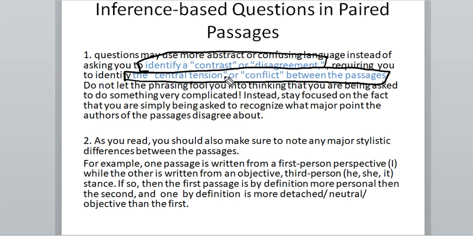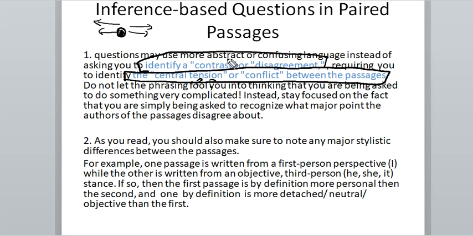However, these could be confusing, like what do we mean by central tension? Tension implies two things that are going in opposite directions. That's what we've learned in physics, right? The central tension. So what is the conflicting point in this passage? The point that two parties are disagreeing on, or one is disagreeing and one is approving.